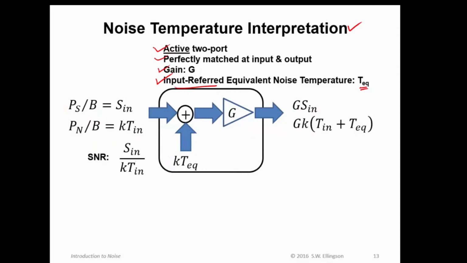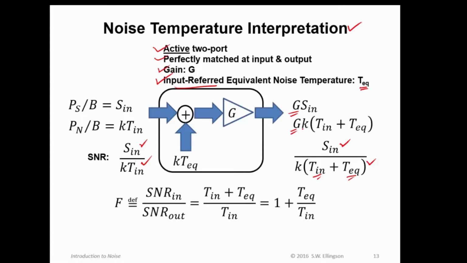So on the left, on the input, the signal noise ratio is simply S sub n divided by K times T sub n. On the right, the signal noise ratio is S sub n divided by K times the quantity Tn plus TEQ, because again, those gains canceled out. Now, if I apply the definition of noise factor or noise figure, depending on how you want to refer to it, noise figure is signal noise ratio at the input divided by signal noise ratio at the output. And we just computed those two things.